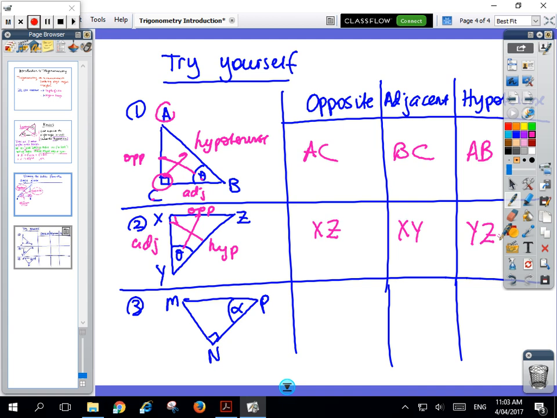And the next one, go to the right angle first, so that's the hypotenuse, that's the opposite, and the last side is the adjacent. So opposite is MN, adjacent is NP, hypotenuse is MP. So it doesn't matter if you don't get that letter order right, like you can have PM, doesn't matter.